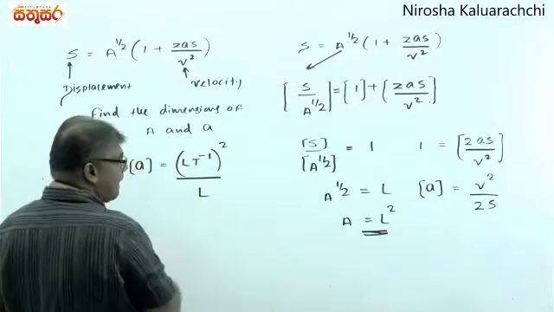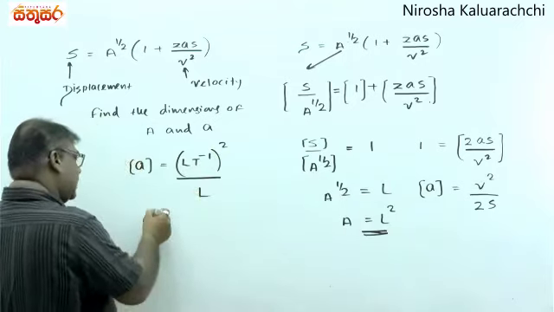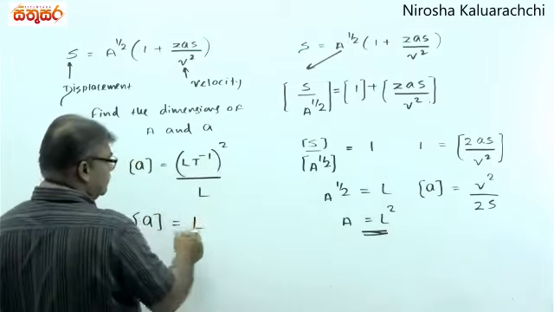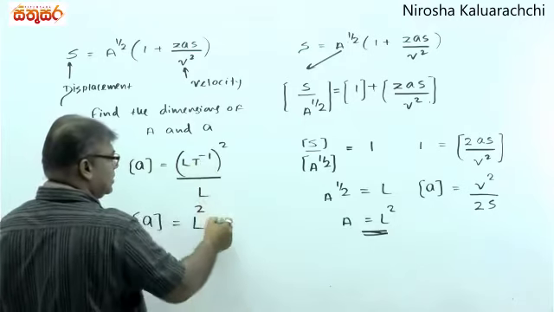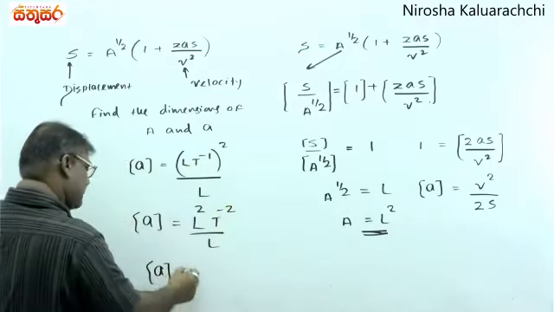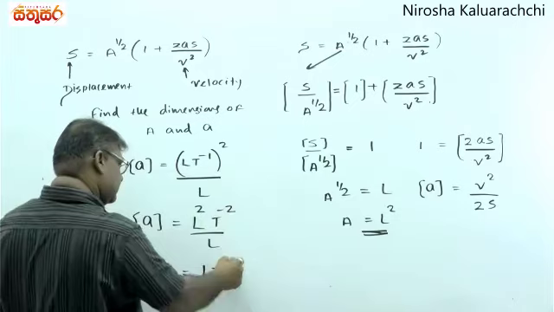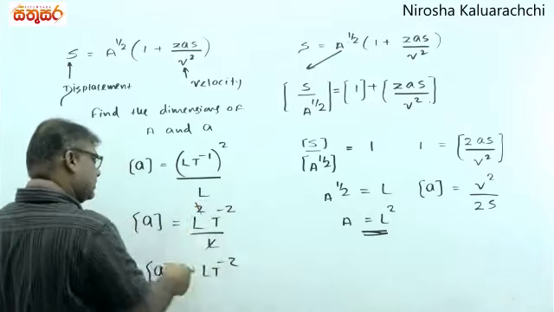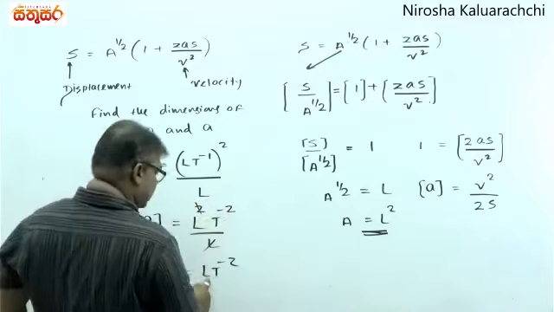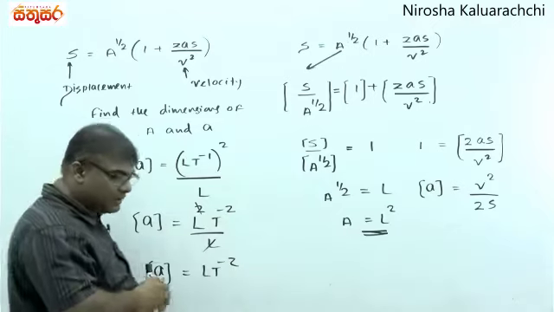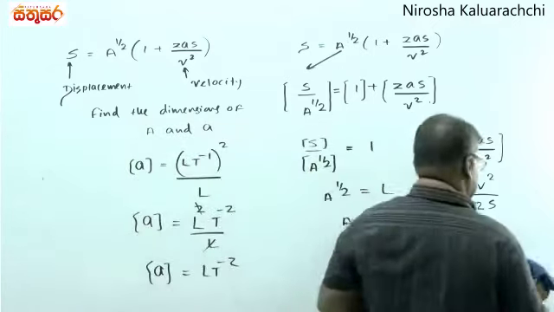S is L. So we have a dimensionally L squared T to the power of minus 2 over L. Then a becomes, isn't it acceleration? One L will cancel, the rest is LT minus 2. So a is LT minus 2. Clear? Right. This is the dimension of acceleration.